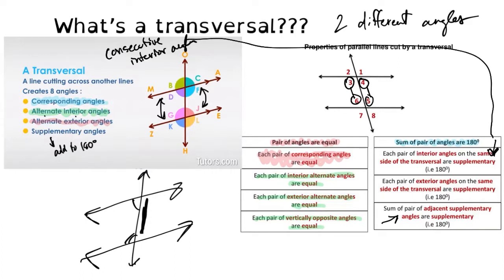Okay, and with those, they add up to equal 180 degrees, right? Angle 4 and angle 5. And the reason for that is because we know that angle 1 and 5 are corresponding, so they're going to be the same angle. We also know that 1 and 4 make a linear pair, that's what the adjacent supplementary angles are, a linear pair, right?